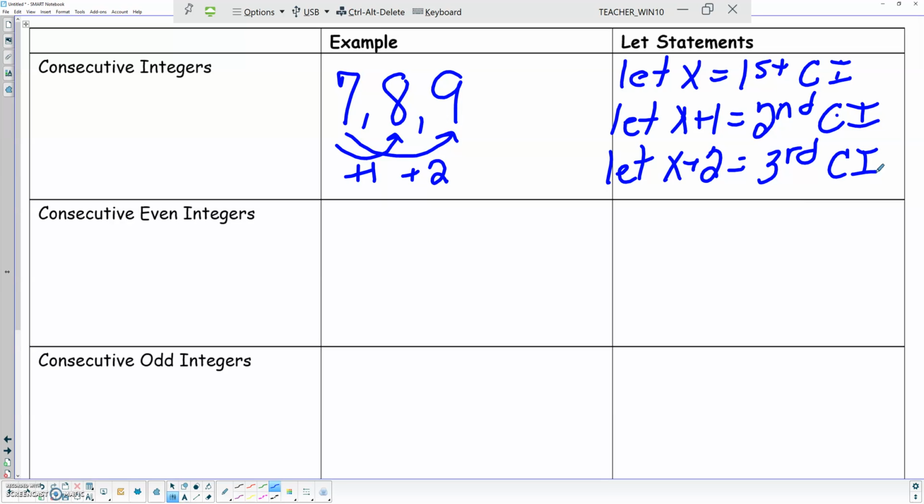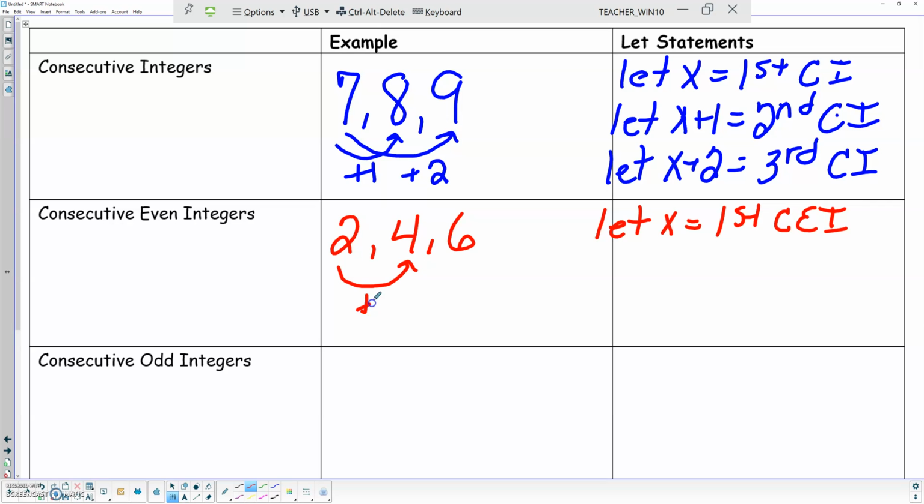Okay, next one is consecutive even integers. So that would be something like 2, 4, 6. Right, so again, we always let x equal the first consecutive even integer. So to get from 2 to 4, we're adding 2.